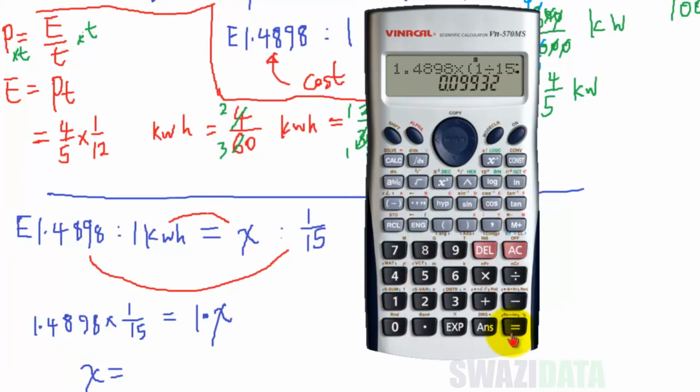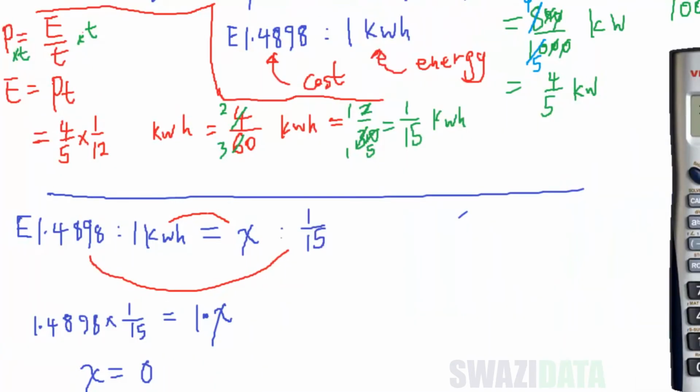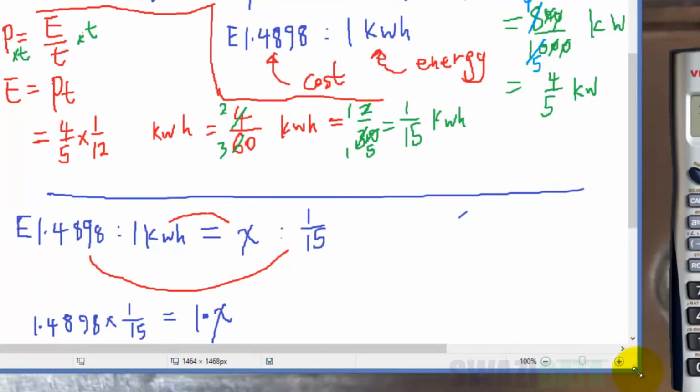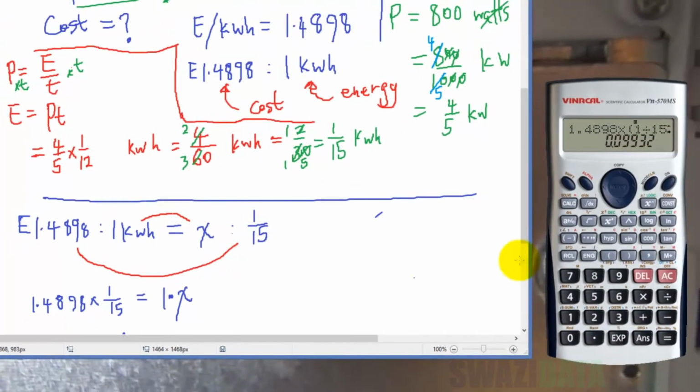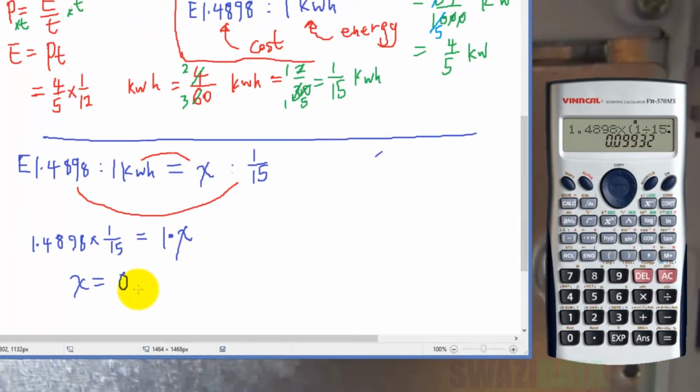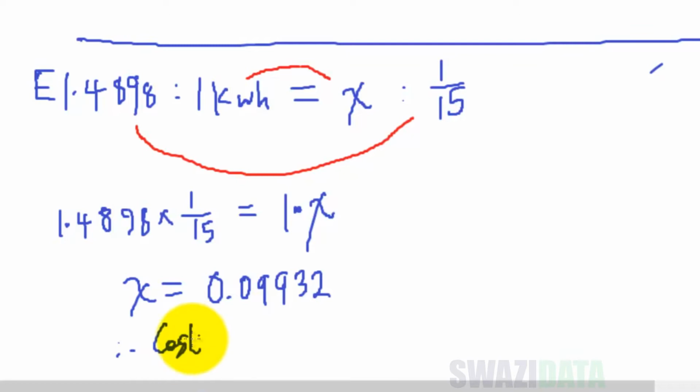The cost is 0.09932. In emalangeni we use 2 decimal places, so I round this up to 0.10.